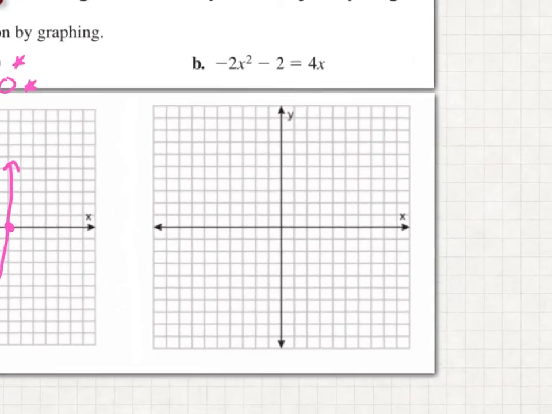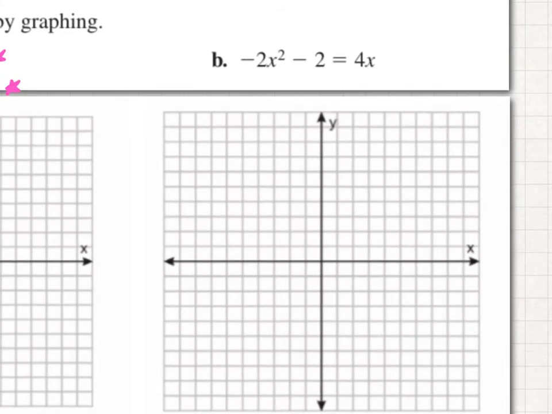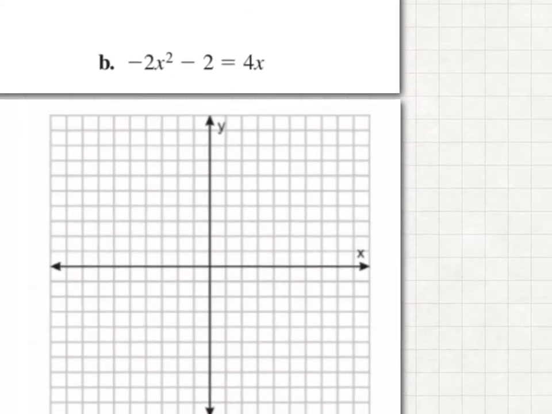Looking at B, what do we need to do to start for this one? Subtract the 4, right? Subtract the 4x on both sides. So we have negative 2x squared minus 4x minus 2 is equal to 0. What do we do to solve for x?